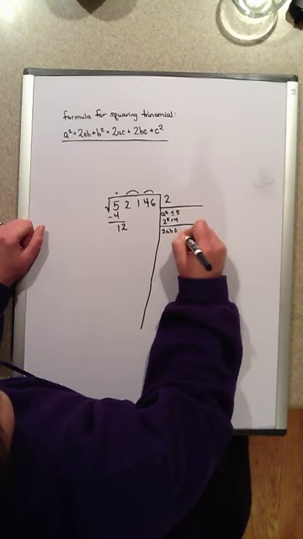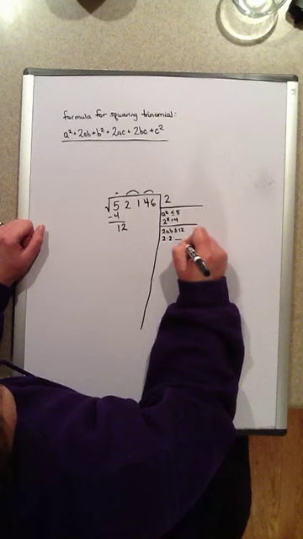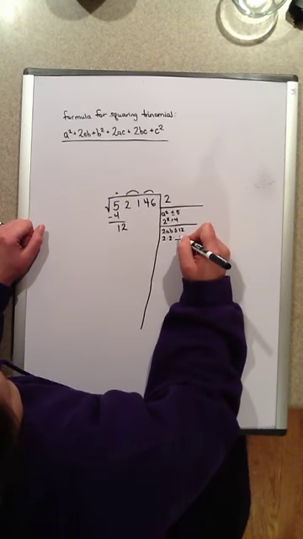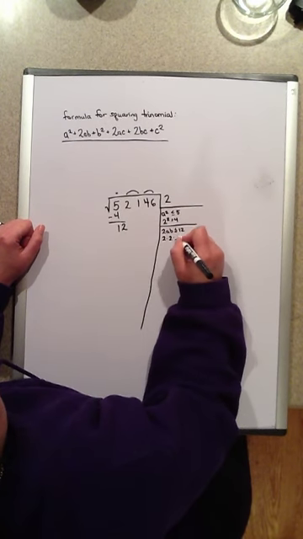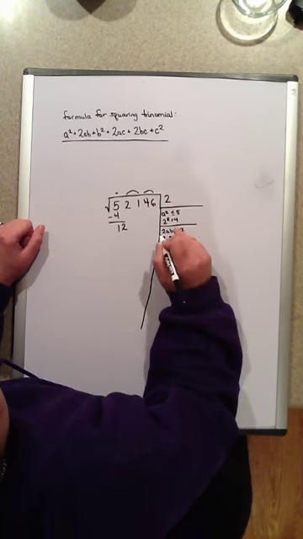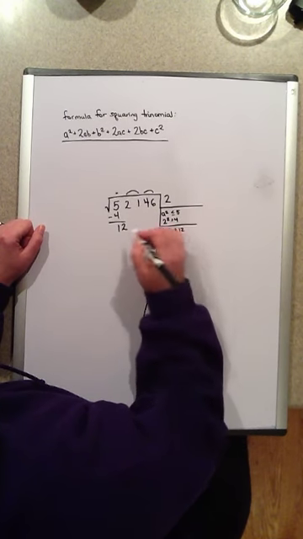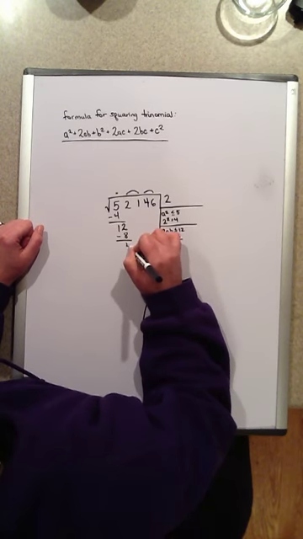2ab has to be less than or equal to 12. 2 times 2 times what? That's 4. I'm not going to choose 3 because that's going to leave us with nothing. So let's try 2. 2 times 2 is 4. 4 times 2 is 8. This is 4.